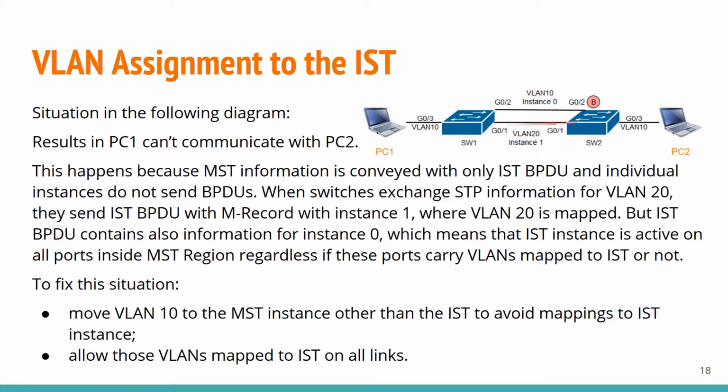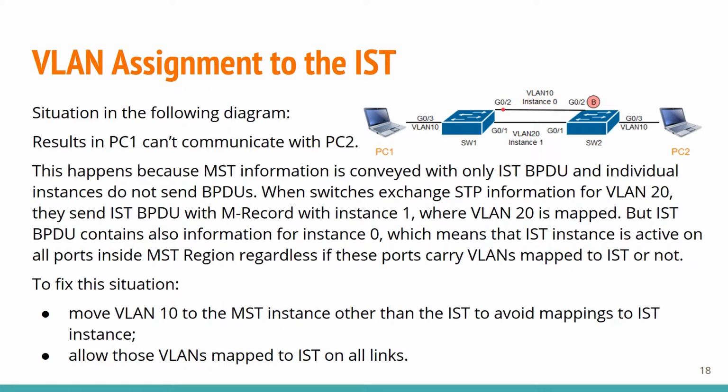So this first link on G01 interfaces is in VLAN 20, and on G02 interfaces the link is in VLAN 10. So both ports are in VLAN 10 and both ports here in VLAN 20. And VLAN 20 is mapped into instance 1 and VLAN 10 is mapped into instance 0.